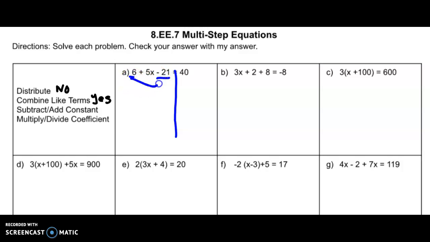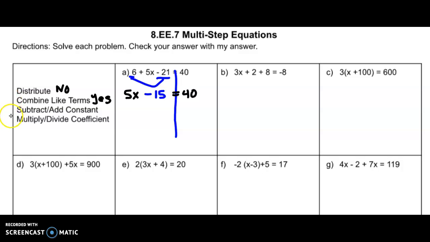So I'm going to combine those. 6 subtracted by 21 is -15. And then the 5x is not a like term, so I'm just going to bring it down into the equation. So now I have 5x minus 15 is equal to 40.